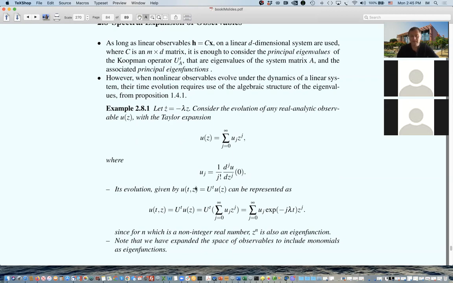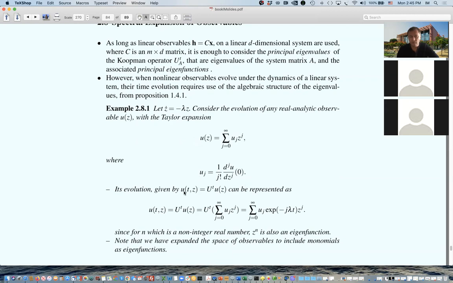All right, so in the context of this observation, we are always going to be interested in its evolution over time, and the idea is to analyze that evolution by using spectral expansion.